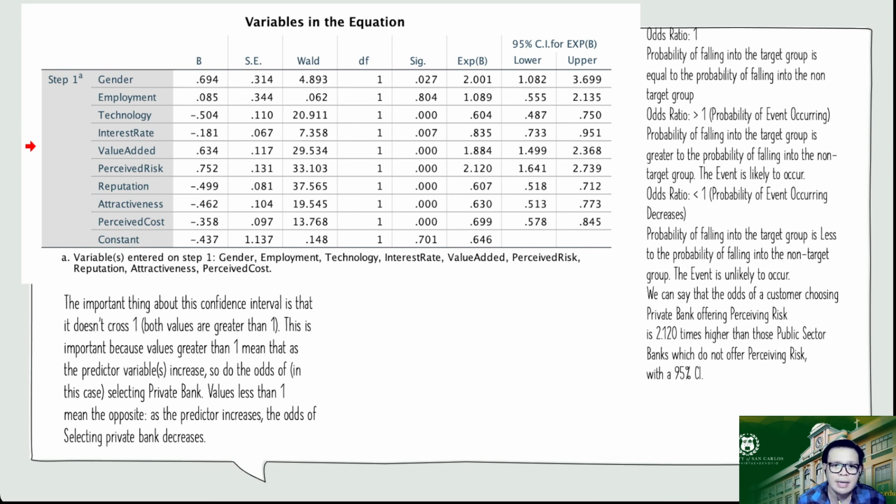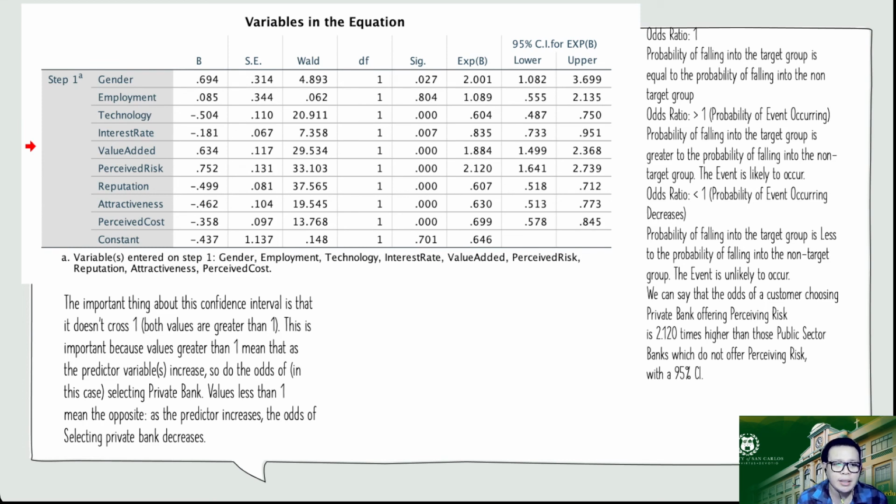Here in our example, we can say that the odds of the customer choosing a private bank offering perceived risk is 2.12 times higher than those in the public sector banks, which do not offer perceived risk, with a 95% confidence interval. So the important thing about the confidence interval is that it does not cross 1. Both values are greater than 1.